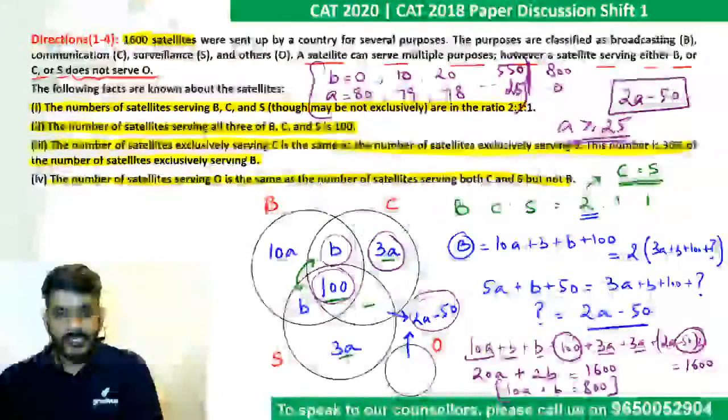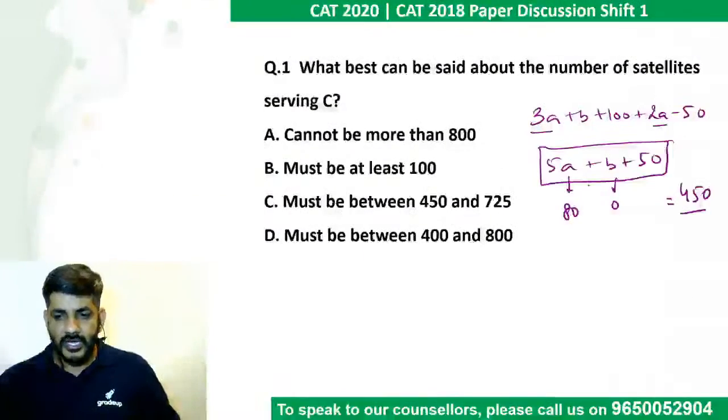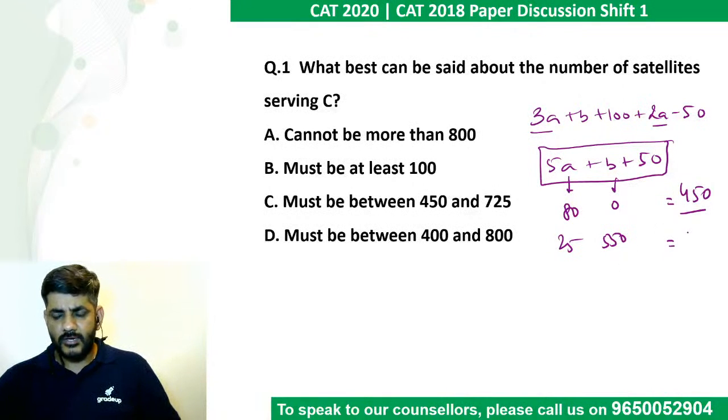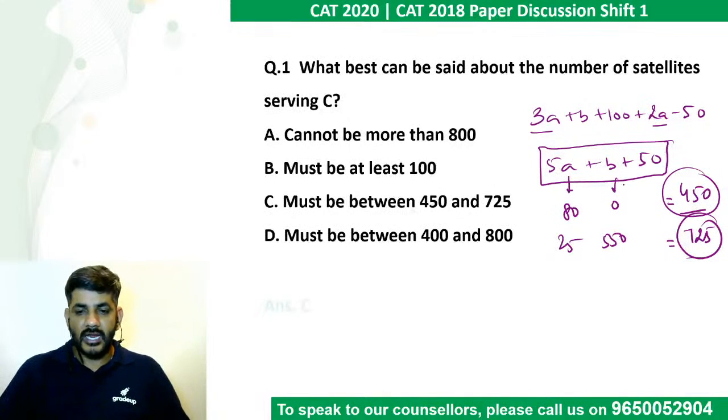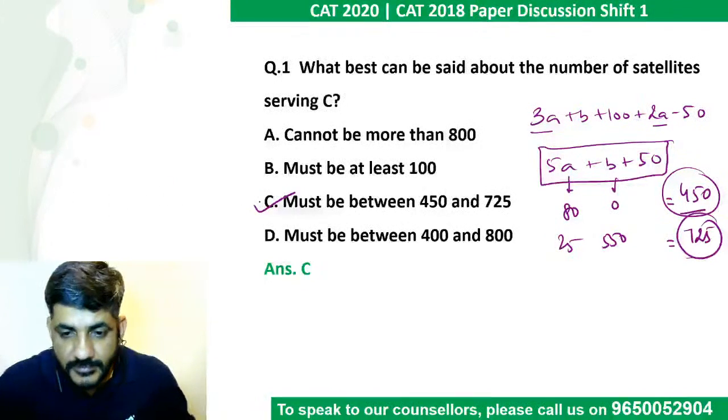And the other limit is that A is 25 and B is 550. So when A is 25 and B is 550, what is this number? 125 plus 600, that is 725. This means this value has to be between 450 and 725, and that is our answer. That is option C, right?